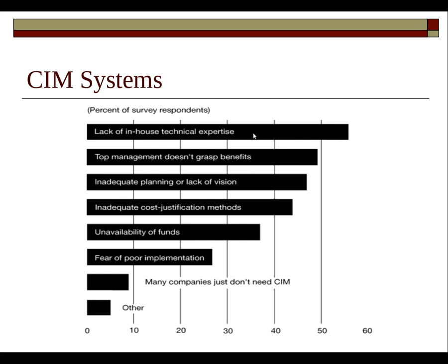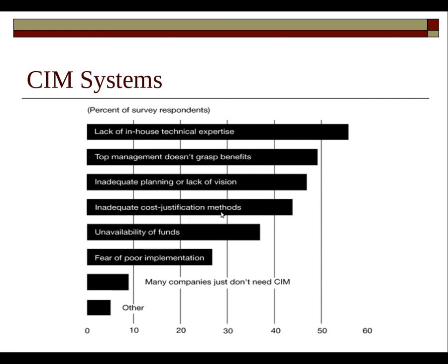So some of the reasons that we might see that they're opposed to it, or at least hesitant to do it, is lack of in-house expertise. They feel that their employees don't have the skills necessary to do this. Sometimes people just don't understand the benefit that they would obtain from that. They don't have proper planning, or they lack the vision.